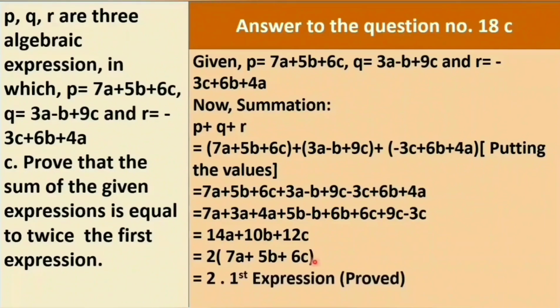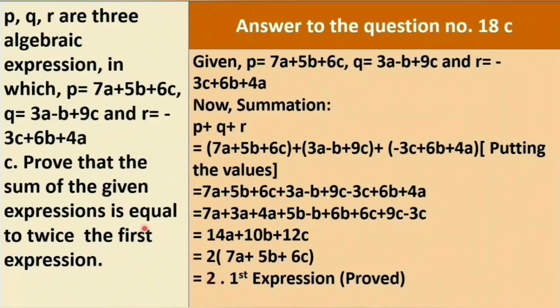Now see, this is the same value of the algebraic expression P. So here we can write 2 into 7a plus 5b plus 6c, the first expression, as this is the value of the first expression.